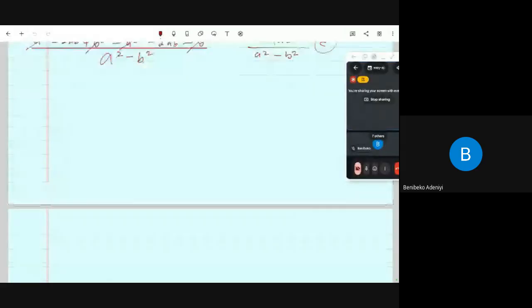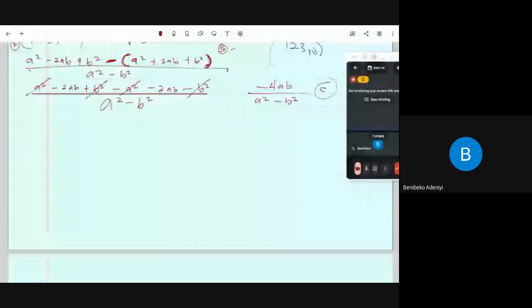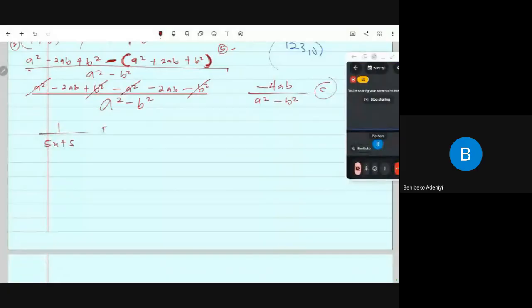Yeah. Let's use the idea to show this one. 1 over 5x plus 5 plus 1 over 7x plus 7. One is very simple. 5x minus 5. This is 1986, question 22. Let's solve.